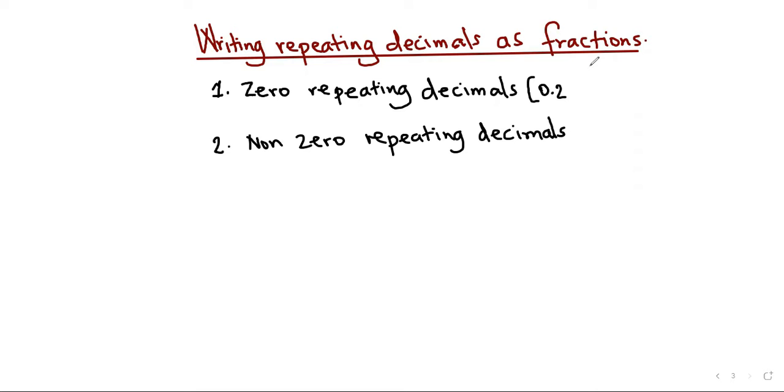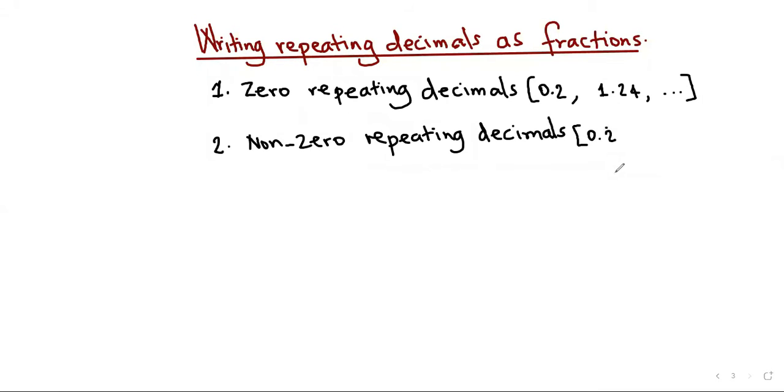Then another example can be like 1.2, let's say 4. So these are some examples of zero repeating decimals.